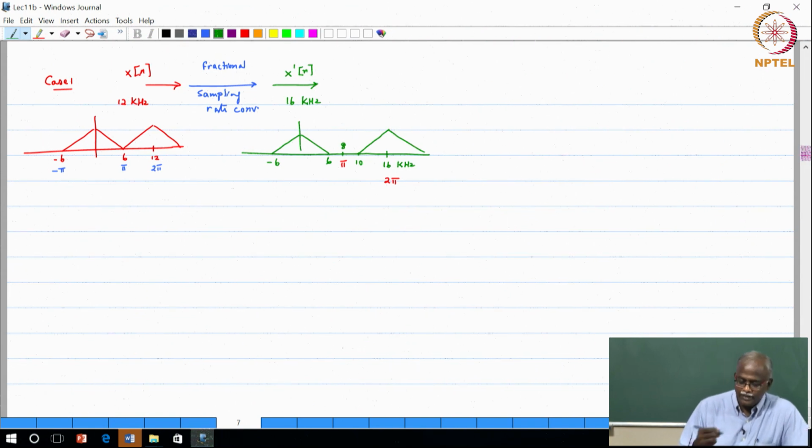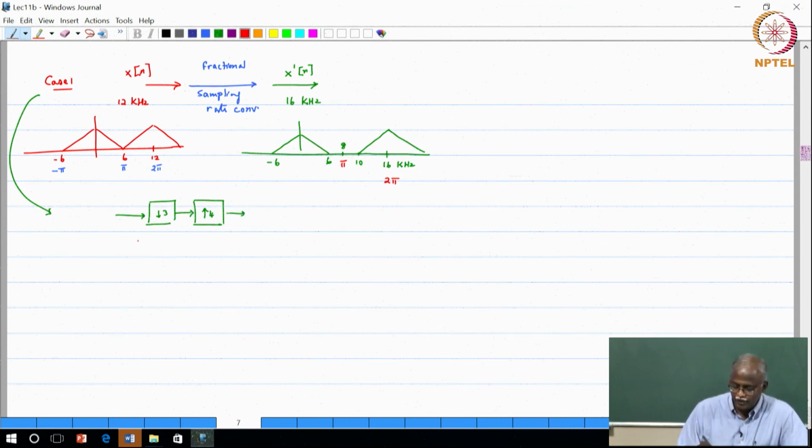So, as we have mentioned, we have to do downsampling by a factor of 3 and upsampling by a factor of 4. So, case 1, I would like to take up downsampling by a factor of 3 first, followed by the upsampling. We said that we must introduce the associated filtering.